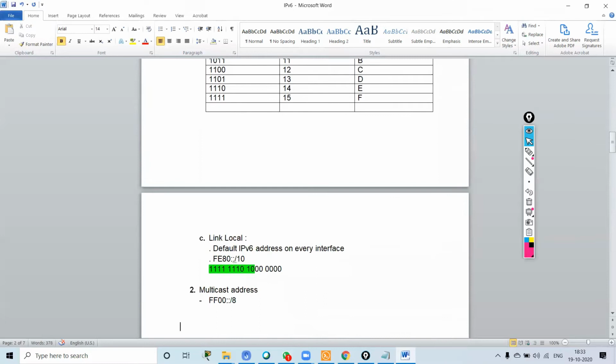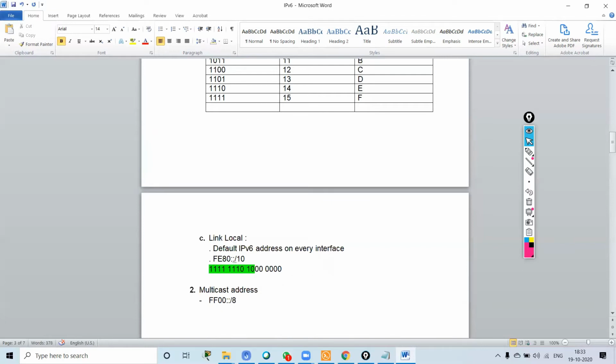My link local is the default IPv6 address on every IPv6 enabled interface. It is non-routable. If I enable IP version 6 on any interface, I will get this link local address.